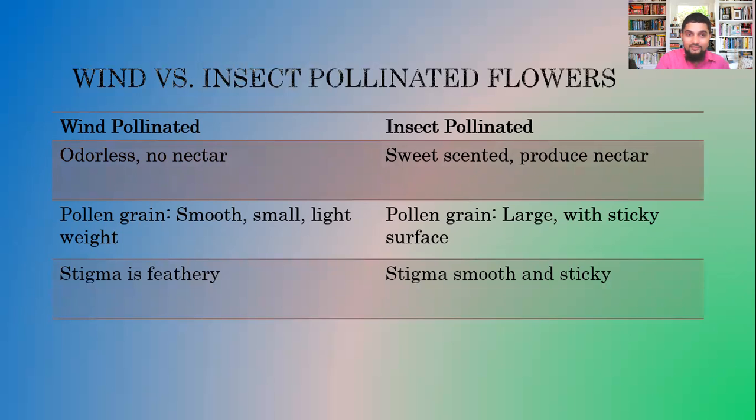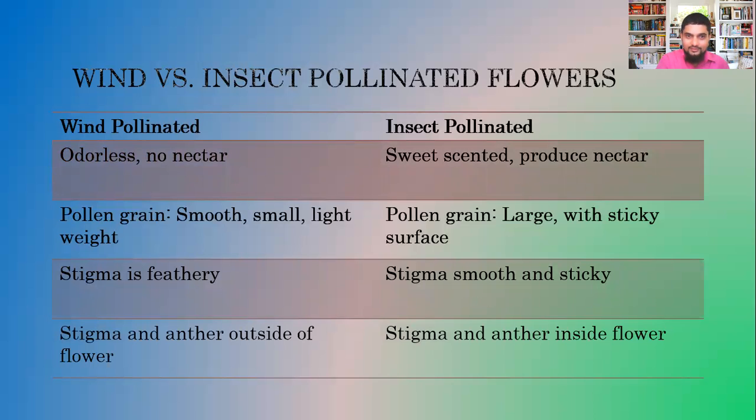For wind-pollinated flowers, you often find that the stigma is feathery. And you should imagine why. Because if it's feathery, it means that when the pollen grain is moving in the wind, it can easily be trapped on the feathery structure of the stigma. Whereas in insect-pollinated flowers, the stigma is usually smooth and sticky.